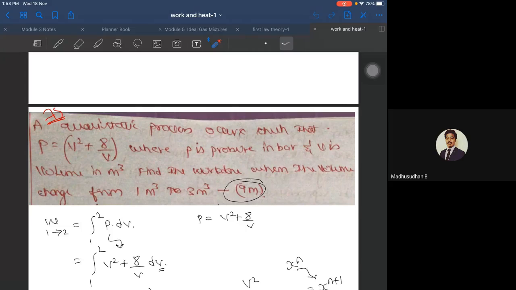Now, you know that the expression for the work done in the displacement work is W1 to 2 equals integration from 1 to 2 of P dV.